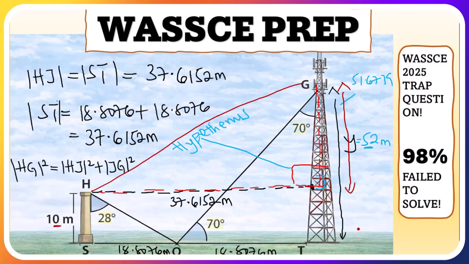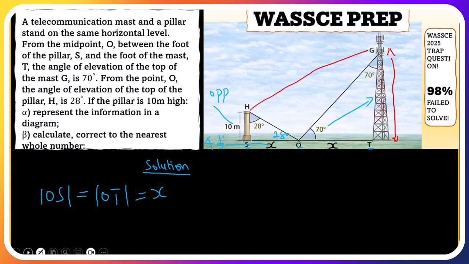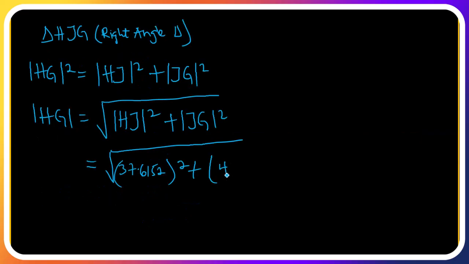Now deducting 10 meters from 51.6739 gives us the height of JG, that is 41.6739. So 41.6739 all squared.